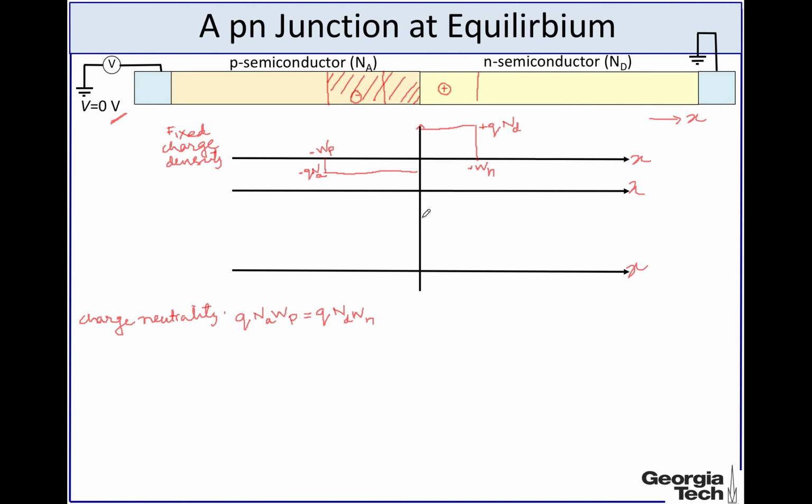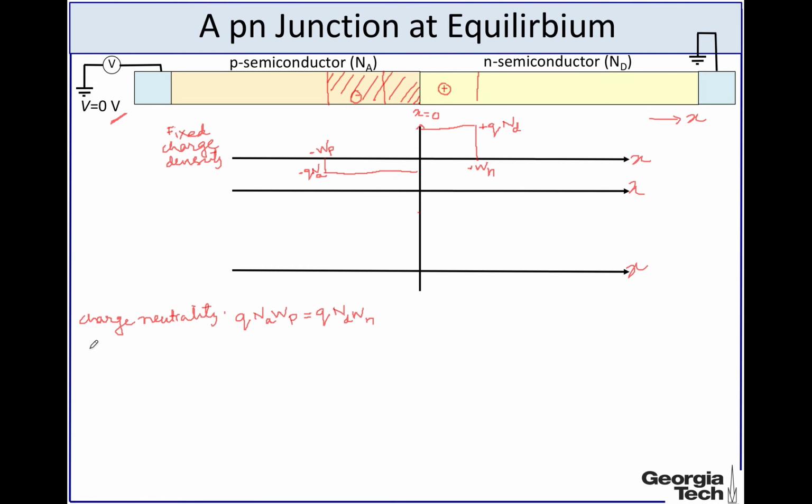We can calculate the electric field at this interface. At this interface the electric field is maximum, because on the left you have this much charge and on the right you have the highest amount of charge. At the interface x equals 0, both sides have the highest amount of charge, and as you go towards this side the electric field will decrease. Also as you go towards the negative x direction the electric field will decrease.